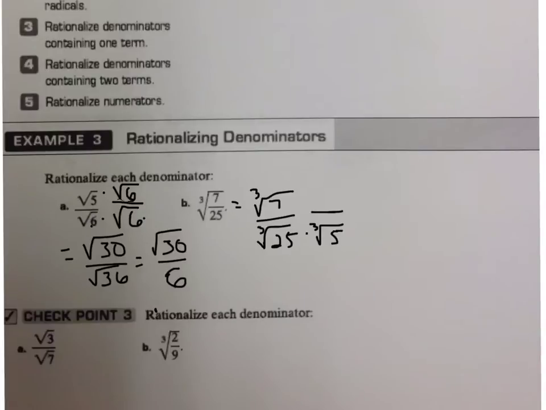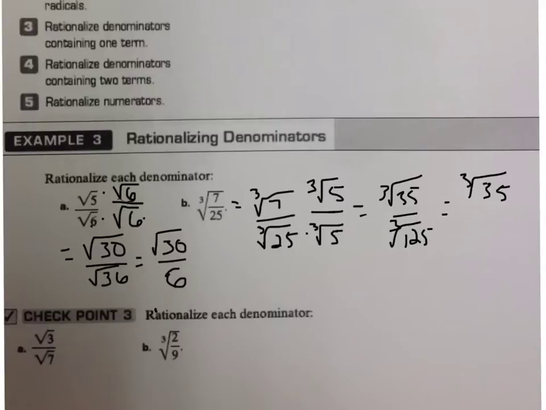But I also have to multiply the top by the cube root of 5, and what I get is the cube root of 35 on top over the cube root of 125 on bottom. The cube root of 35 is not going to reduce, so that stays as the cube root of 35. And on bottom, the cube root of 125 is just 5.